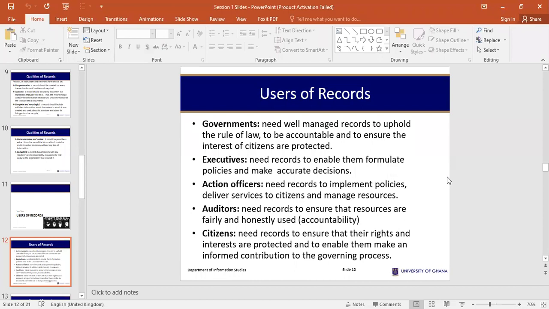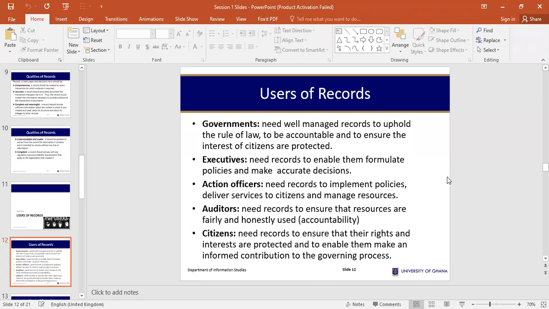Auditors: we have cases of the Auditor General going to certain technical universities and other public institutions. That is what it does. It goes to audit all their incomes and expenditures. And if it finds any anomalies, it reports them. And this is sent to Parliament. And Parliament, through its Public Accounts Committee, looks at the audited accounts.